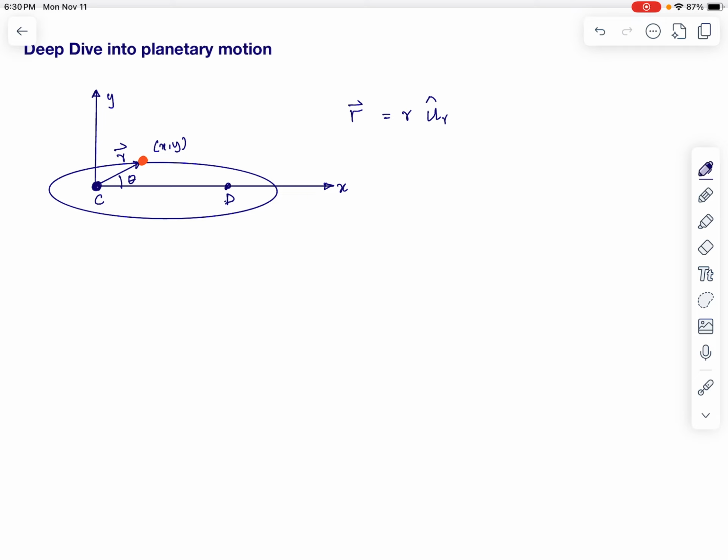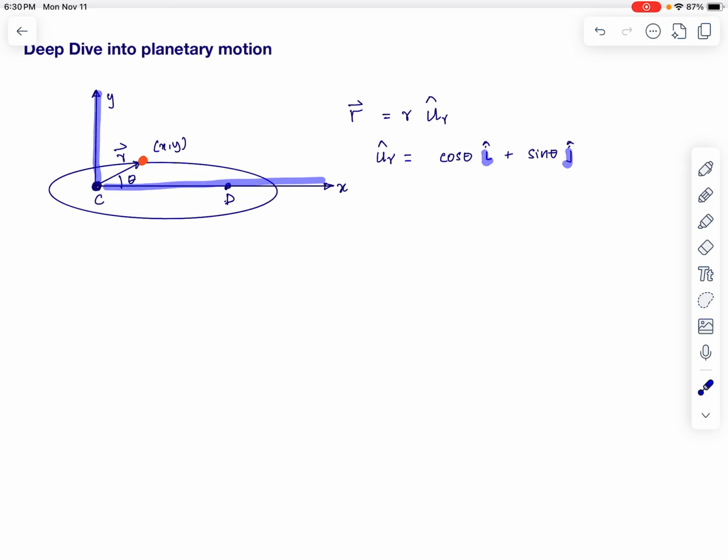Now, if you look at ur, it is essentially cosine theta times i hat plus sine theta times j hat, where theta is the angle made with the x-axis, i is a unit vector along x, and j is a unit vector along y.